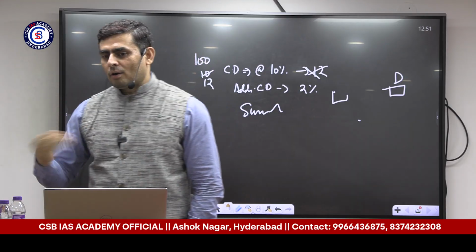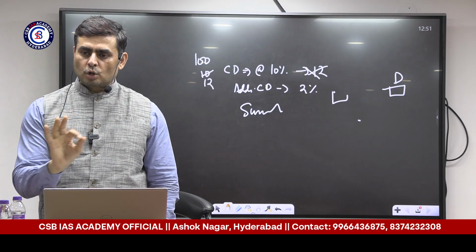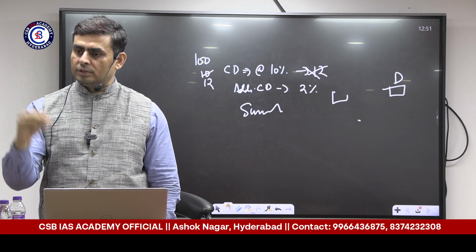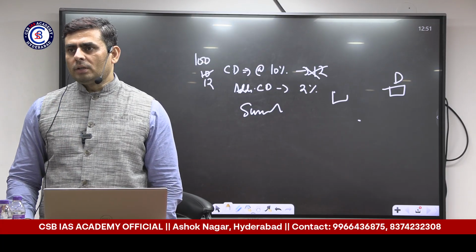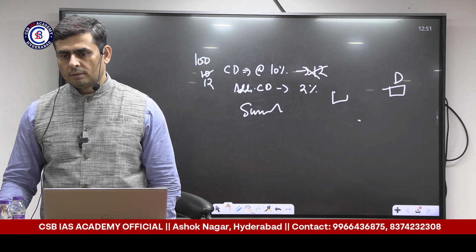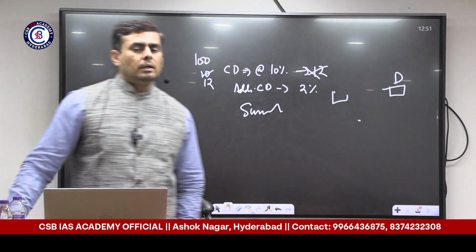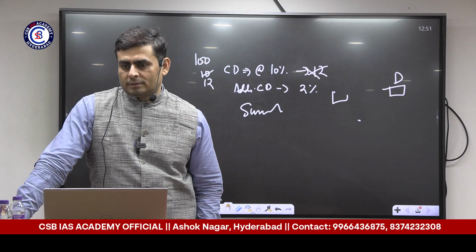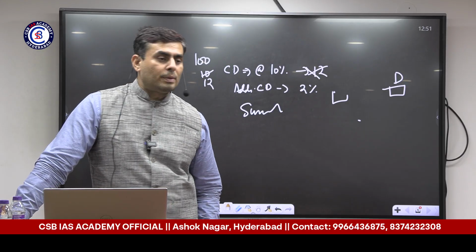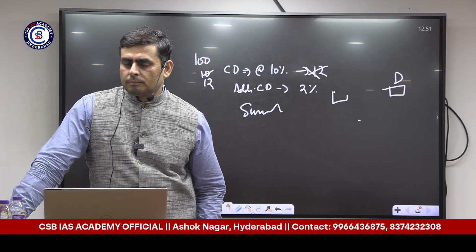Maybe people are not very aware, but the drivers' community has proper knowledge of which area's tax is less and which area's tax is high. Because in a single trip, if you are going to use somewhere around 1000 liters of diesel, which is very common for long distance travel, then you can save at least 1000 rupees. Minimum 1000 rupees, with a 1 rupee difference. So this is why they usually have this practice.